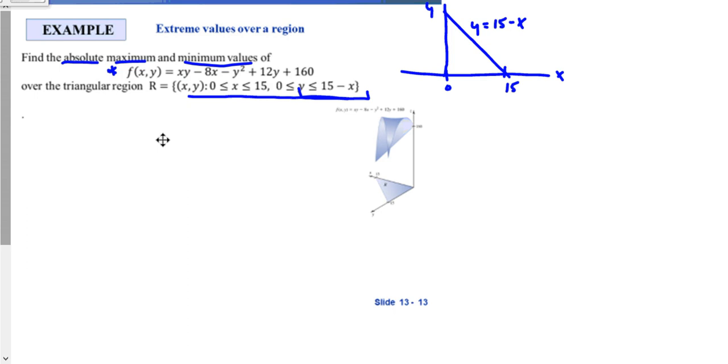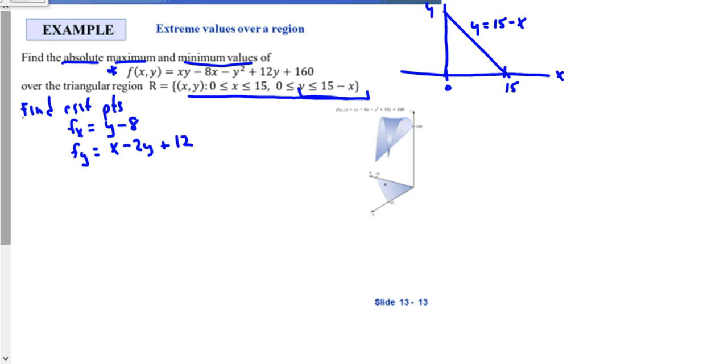So the first thing we want to do is find critical points. And you do that by finding the two partial derivatives. The partial of f with respect to x will be y minus 8. The partial of f with respect to y will be x minus 2y plus 12.